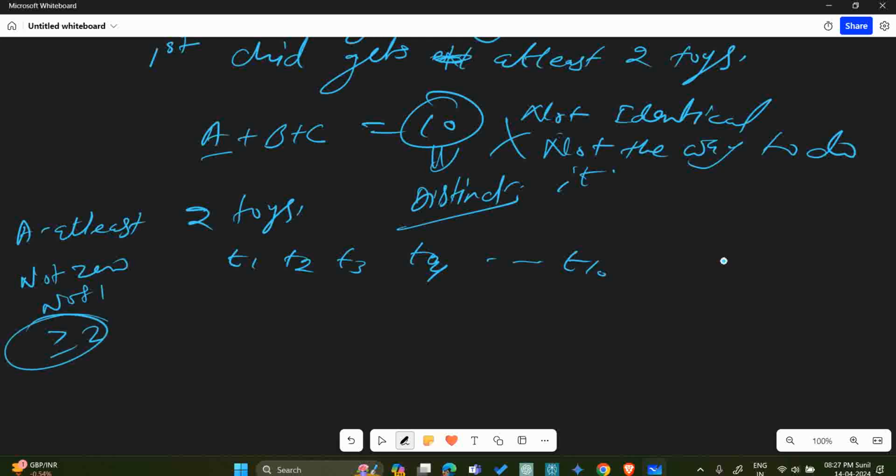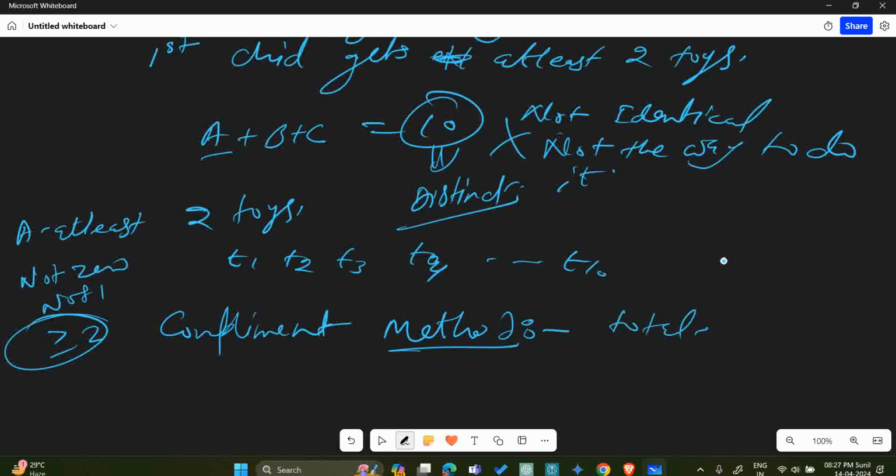So this can be solved by the complement method. What is the complement method? Total minus exactly 0 minus exactly 1. This is the complement.